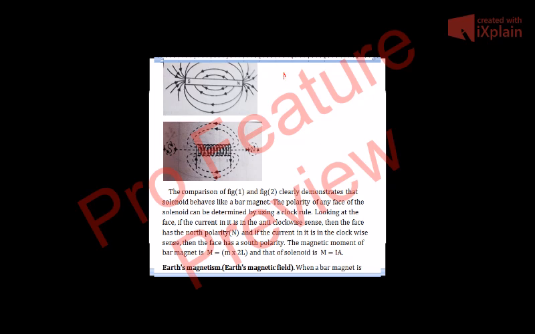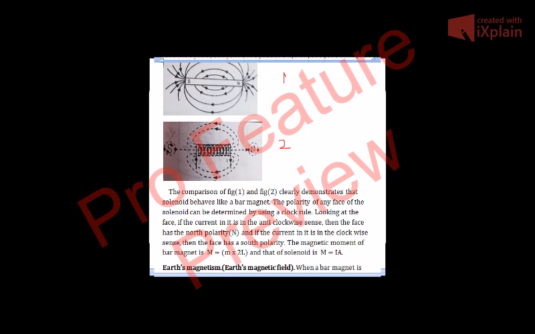This is fig first, and here it is fig second. Fig first shows us the magnetic lines of force of the bar magnet, and fig second shows us the magnetic field lines of a solenoid. You can also see the similarity.